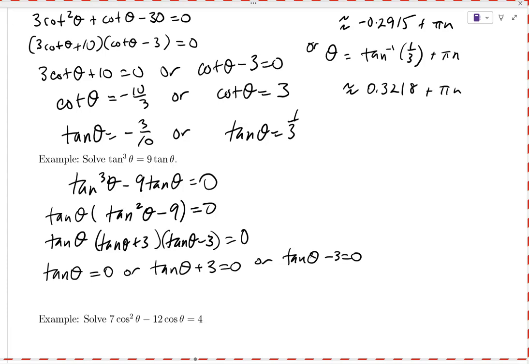At 0, right? So your first one, you just get multiples of pi. That first one's easy to solve. It's multiples of pi.